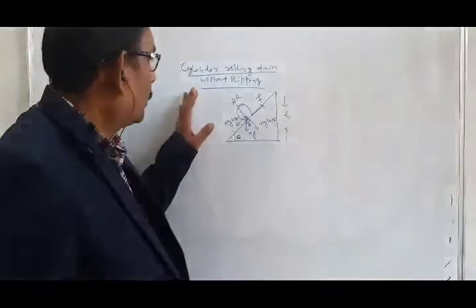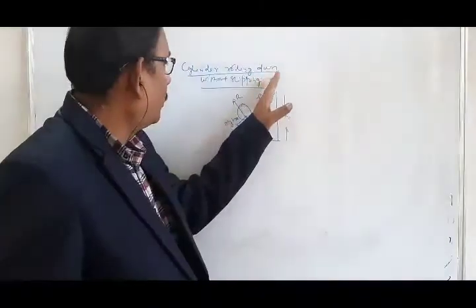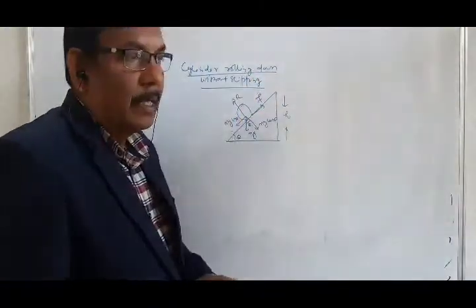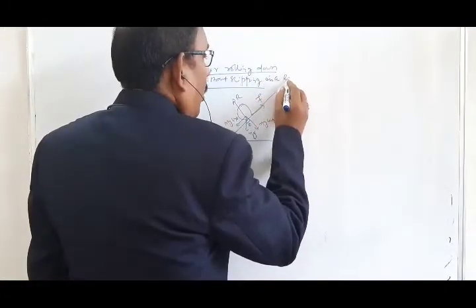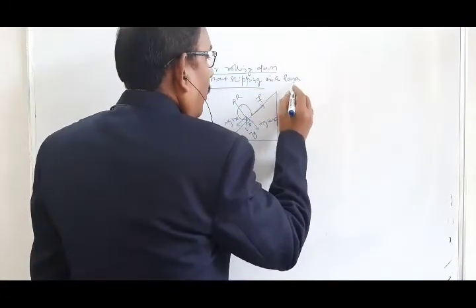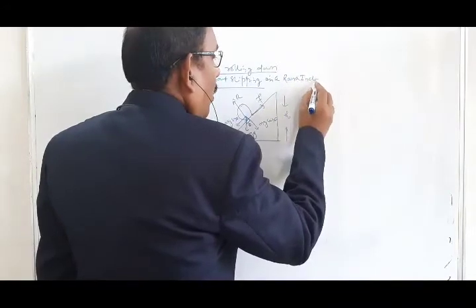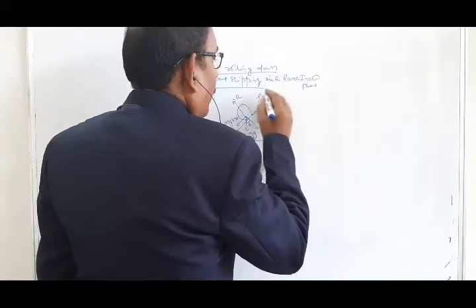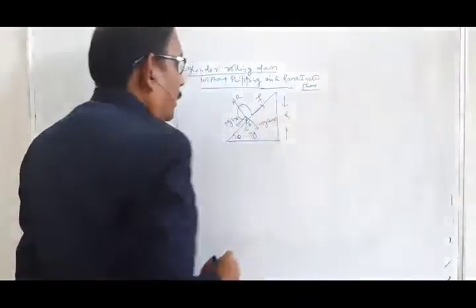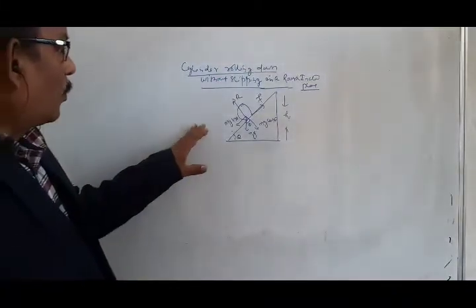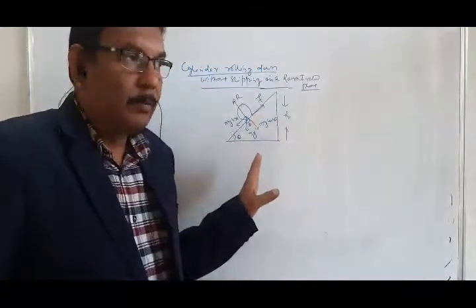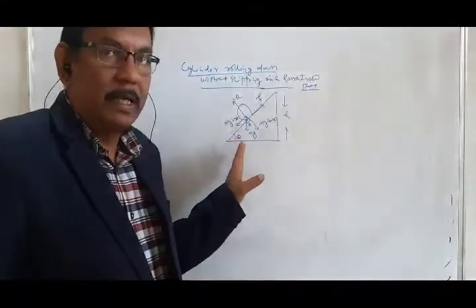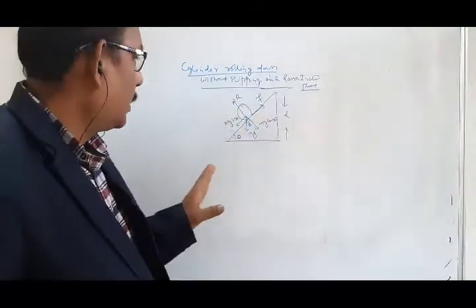Now, the cylinder rolling down without slipping on a rough inclined plane. When the solid cylinder rolls on an inclined plane, we take the condition of no slipping.